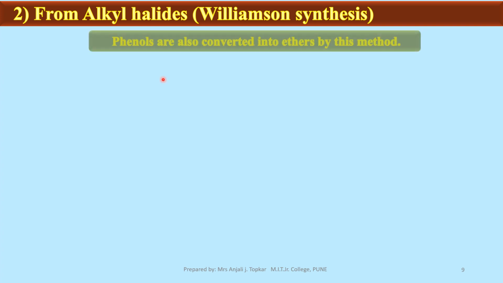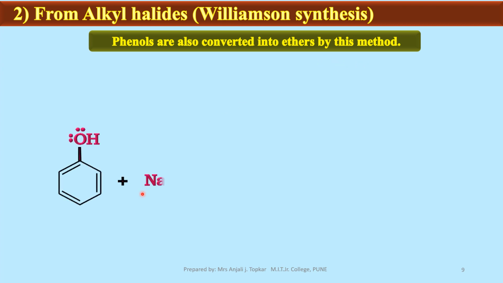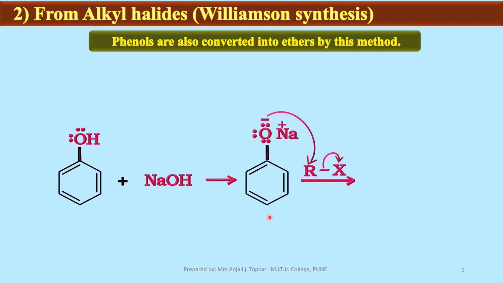Let's see how Williamson synthesis is seen in phenols. Phenols are also converted into ethers by this method. Here this is phenol. When it is treated with NaOH, it forms sodium phenoxide, which on treatment with an alkyl halide, as we can see here, R forms a bond with the oxygen atom and Na forms a bond with X. Thus, formation of ether is taking place.